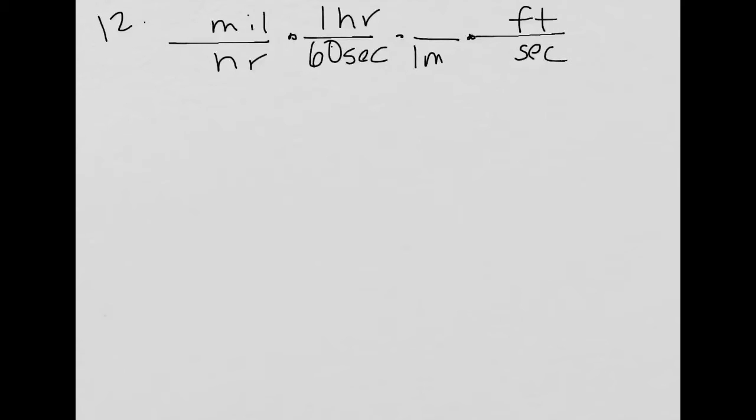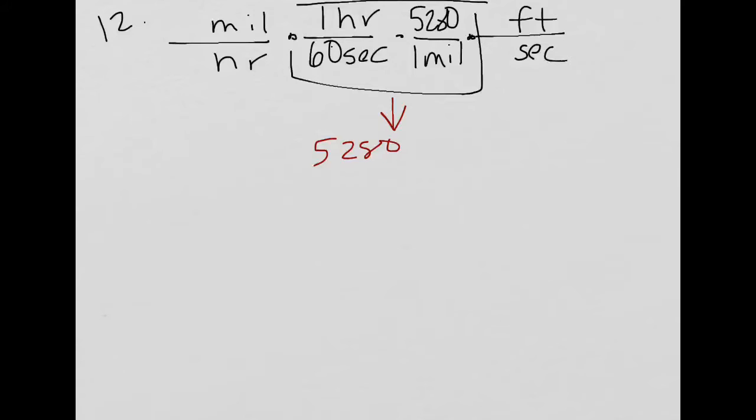And 1 mile is 5,280 feet. And so this right here is our conversion. That's an Algebra 1 thing. And so 5,280 over 60 reduces to 88. So we're going to multiply our speed times 88.